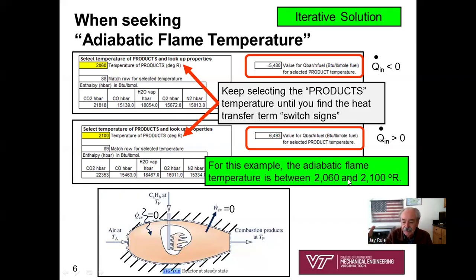Let's say we did the linear interpolation and got 2080. That's what TP would be. So you're going in at the given conditions, and you're solving for the adiabatic flame temperature, and TP would be 2080 degrees R.